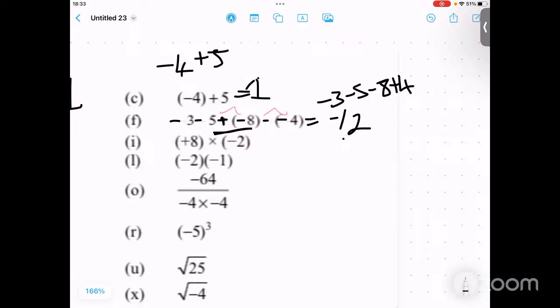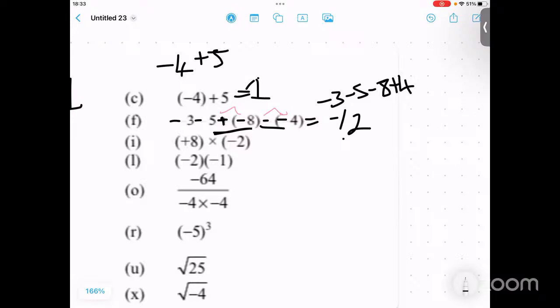Then she removed the brackets of -4, multiplying the negative with the negative, and she got a positive 4.